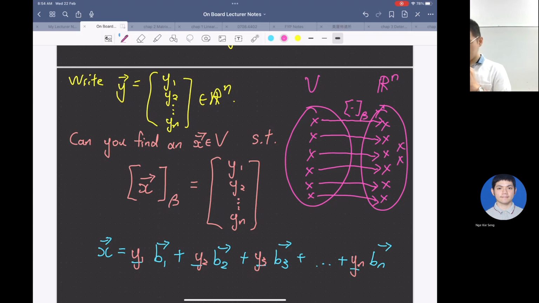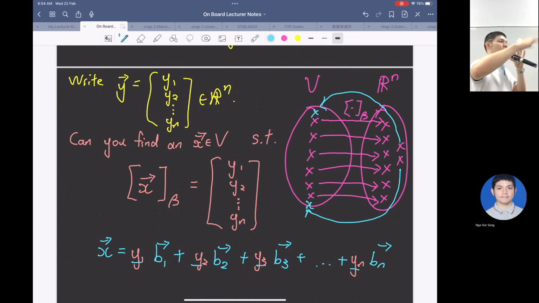Not only that, for every element of Rn, you can also find another guy back in V. So there's a 1-to-1 correspondence. Whatever I do on the left hand side, the vector space, is the same as what I do on the right hand side, Rn.